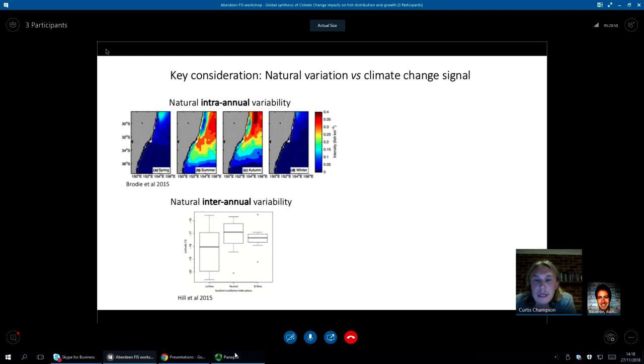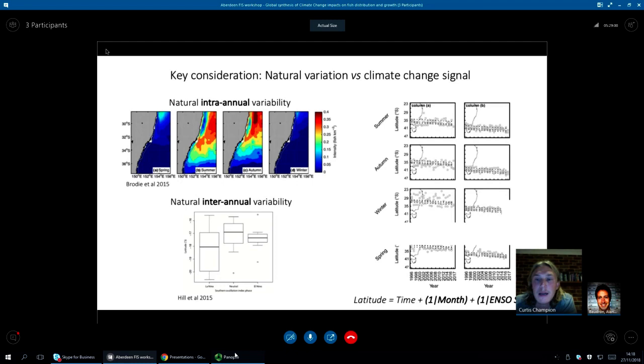So in that same analysis I presented on the last slide, the trends in these plots were actually fitted with linear mixed effects models, and I just would like to quickly highlight the utility of a mixed effects model for accounting for natural variation versus the climate change signal in the change in distribution of a species.